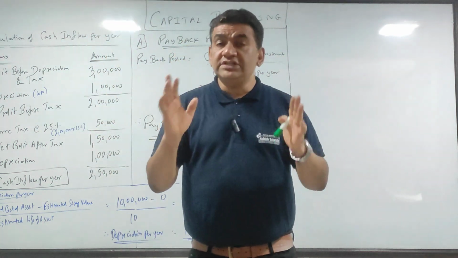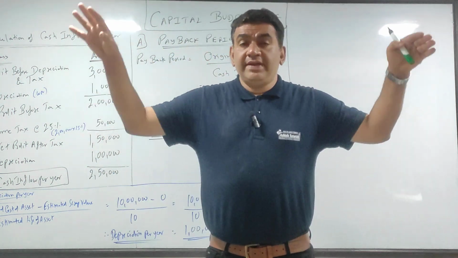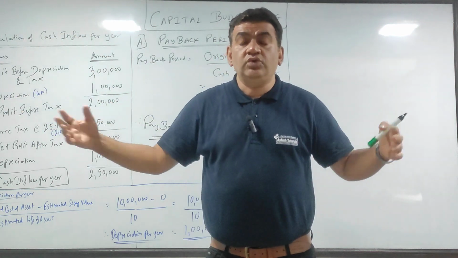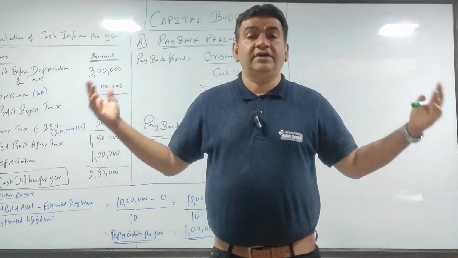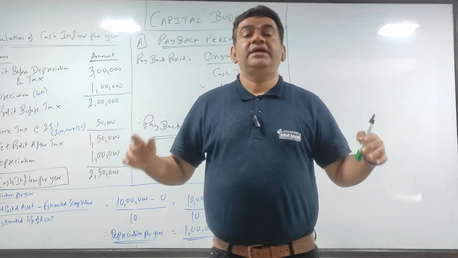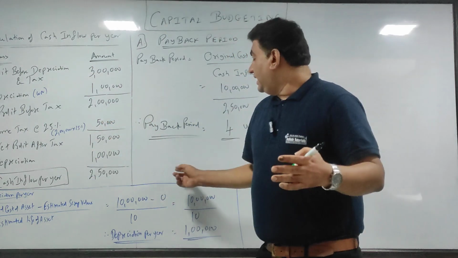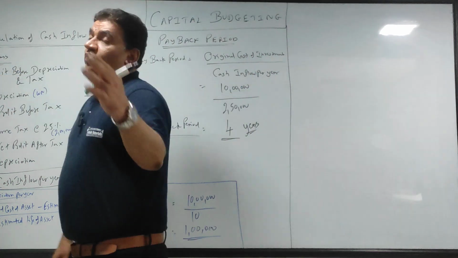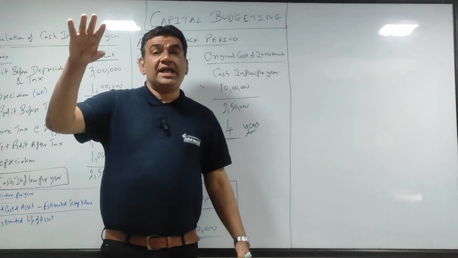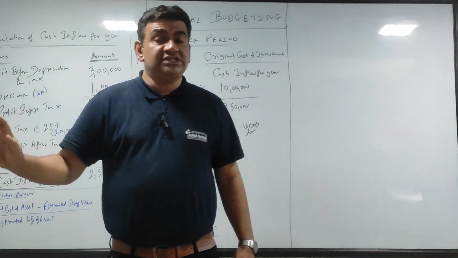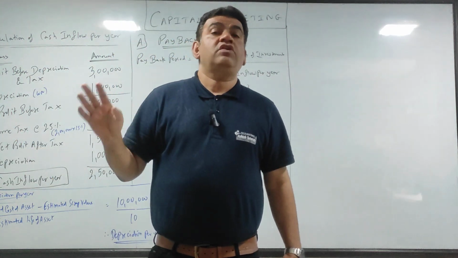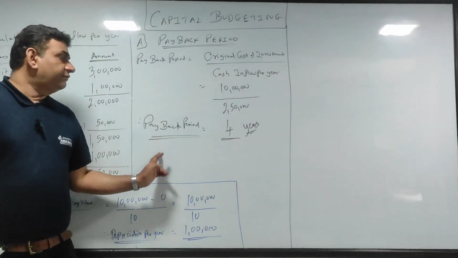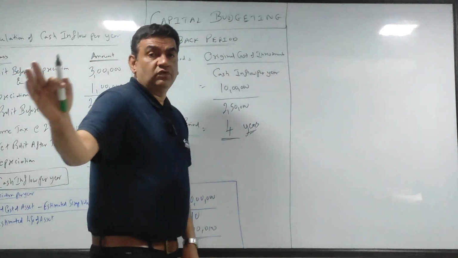Meaning, what is the logic? Again I'll explain you. The investment I made is 10 lakh, and every year I have earned 2,50,000 cash profit. In 4 years, 250 into 4, 10 lakh rupees got recovered. So payback period is 4 years. That means even though I am going to use the asset for 10 years, I recovered my entire cost of asset in 4 years.